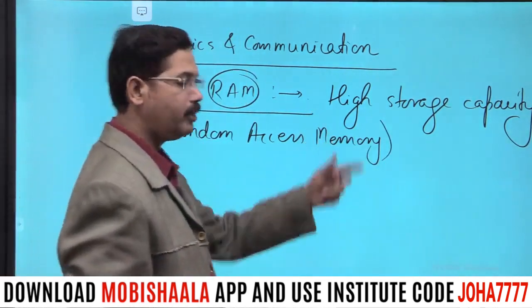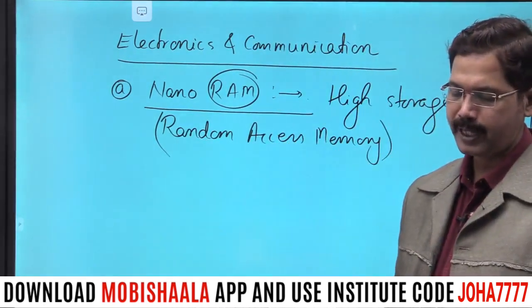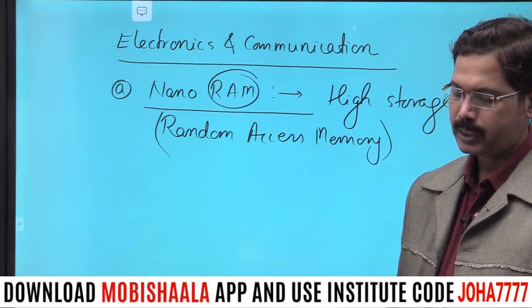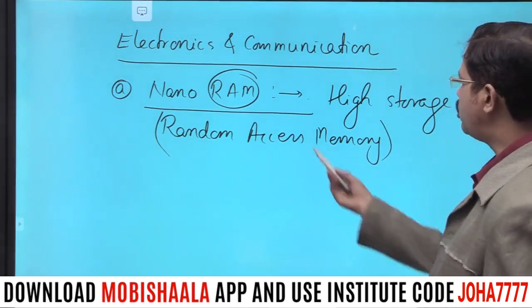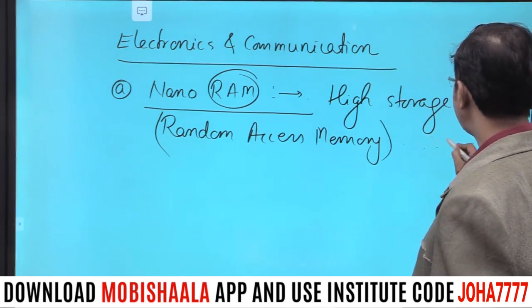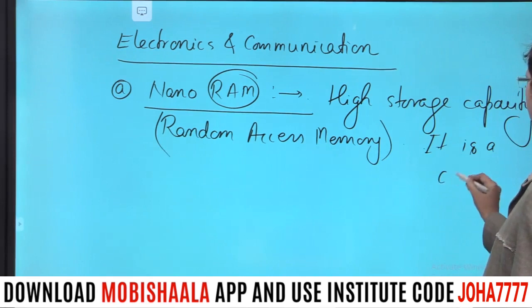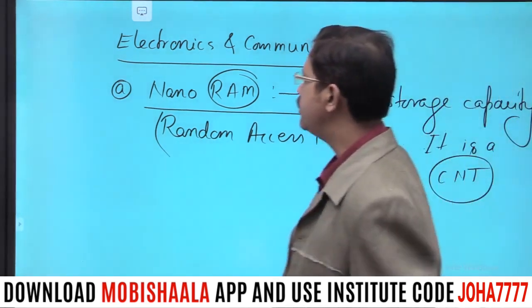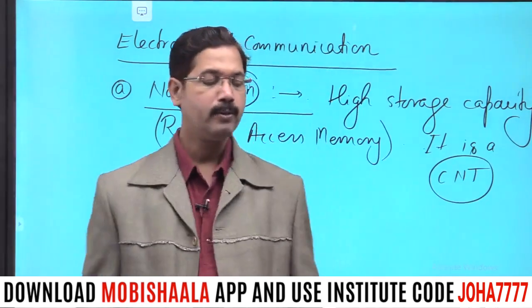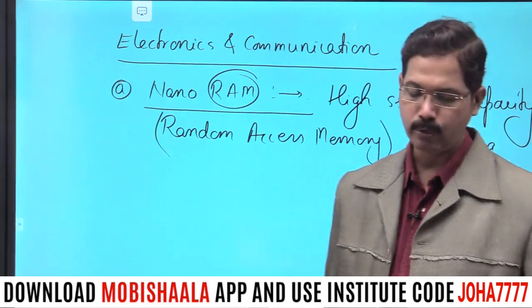So storing capacity of the data is very high in the nano RAM, and this is a type of what? Nano RAM is a type of carbon nanotube. We discussed in detail about the carbon nanotube, and this is the RAM made up of carbon nanotube.